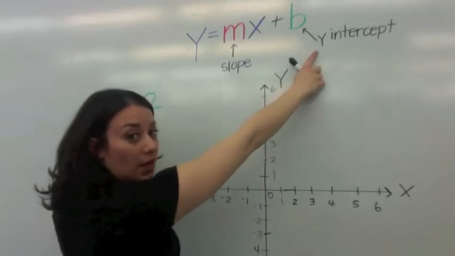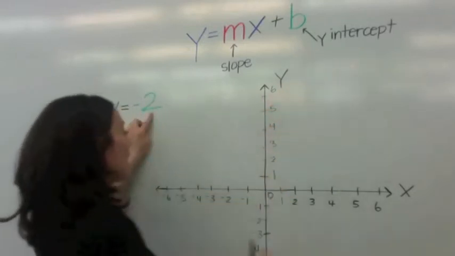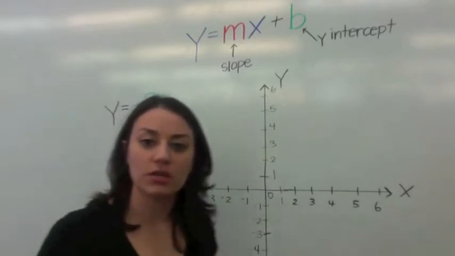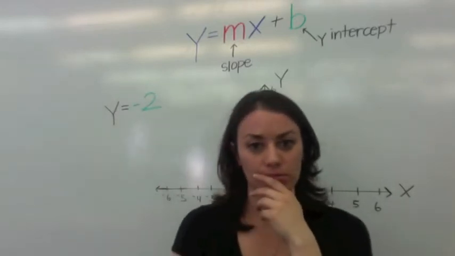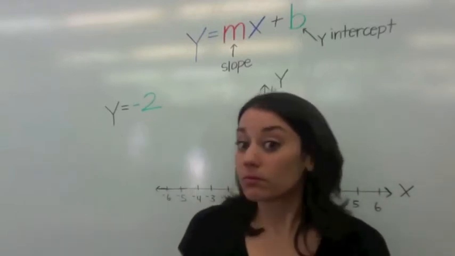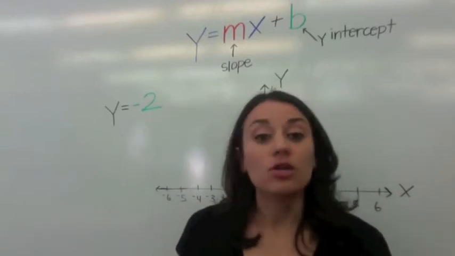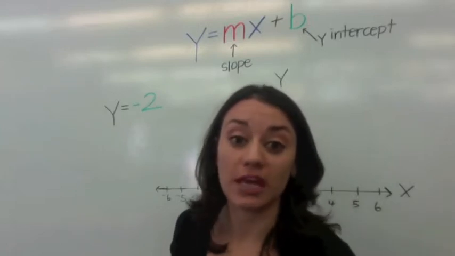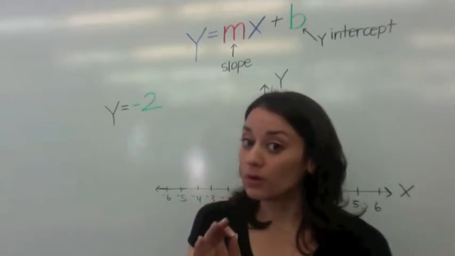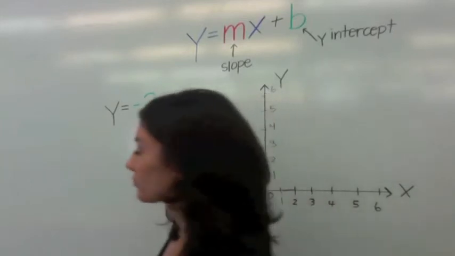It's the y-intercept. So it's already telling you this is the y-intercept. Here's the question. Does it have slope? Is there any slope here? Yes or no? No. Actually, there is slope, but you don't see it.